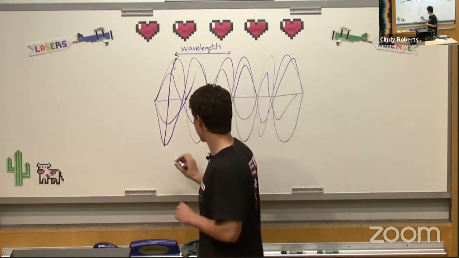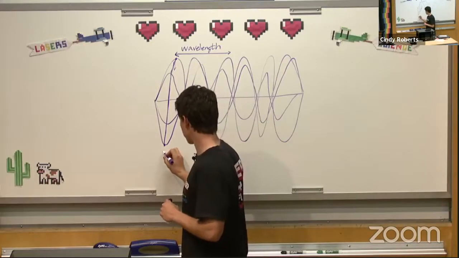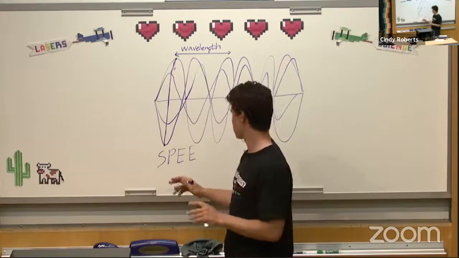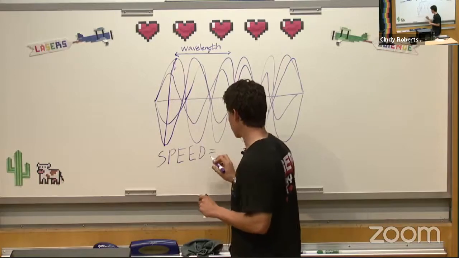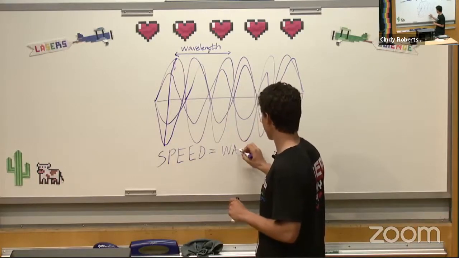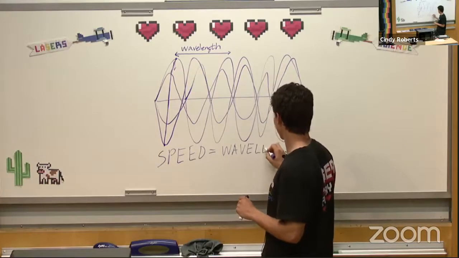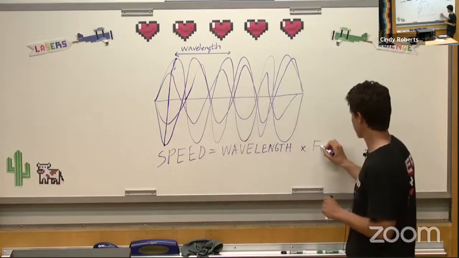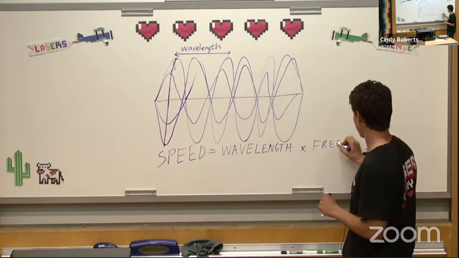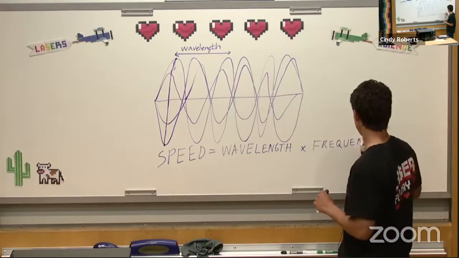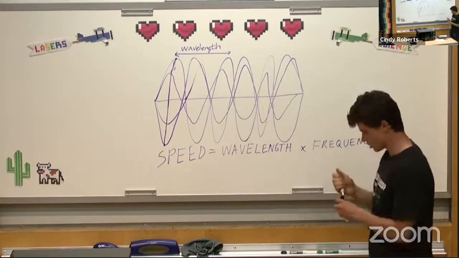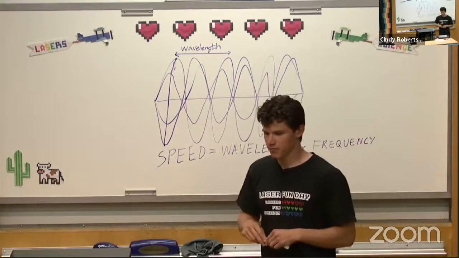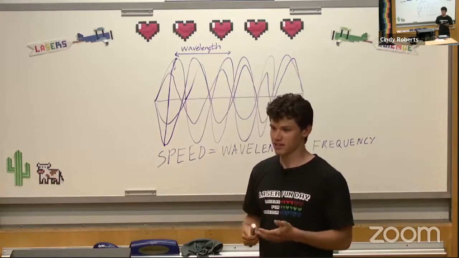So if you take the speed of the wave, and I promise this is the only math you need to know for this experiment today, the speed is equal to the wavelength times the frequency. This is true for all different types of waves. And so this will help us to measure the speed of light, because light is a wave.